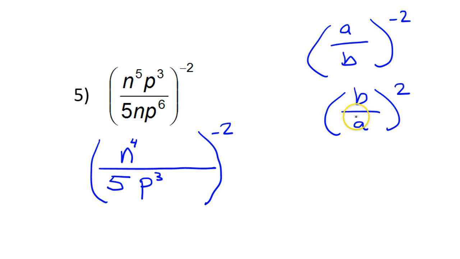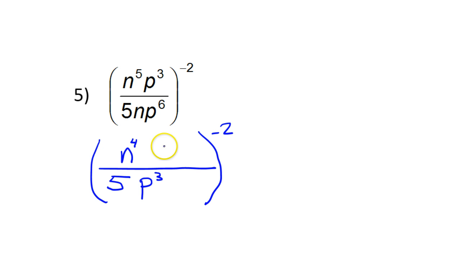So you can do the reciprocal and make it a positive exponent. So that's what I recommend. So now that we have simplified this, let's do the reciprocal and then make it a positive exponent.